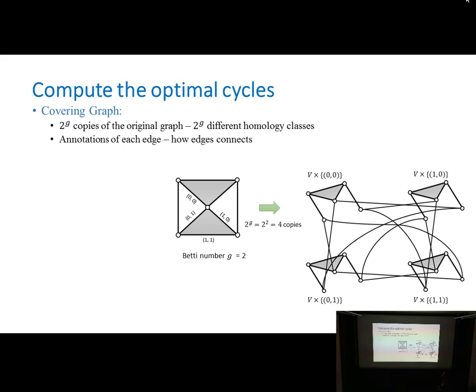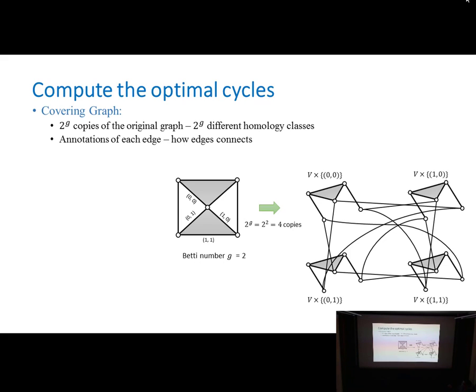Okay. Once we have this annotation of the complex, what we can do is build a covering graph. The covering graph basically makes 2 to the power of g many copies of the original graph. Okay, in this case, my Betti number is 2, so I will have 2 to the 2, which is 4 copies.